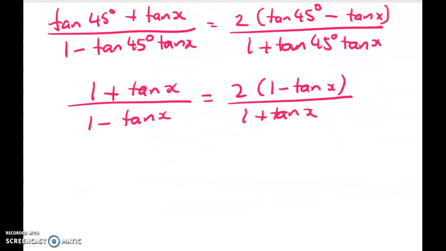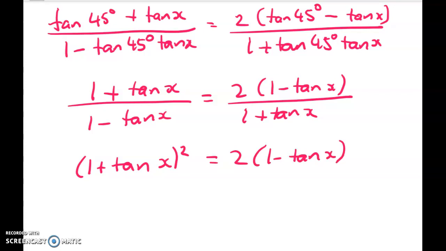Right, what can I do? Well, I've got two fractions. I'm going to cross multiply, and I can see the quadratic starting to come, so you should be feeling pretty good at this point. Right, 1 plus 2 tan x plus tan x squared. Oops, I've lost a square there, equals 2. I'm going to expand this in my head.